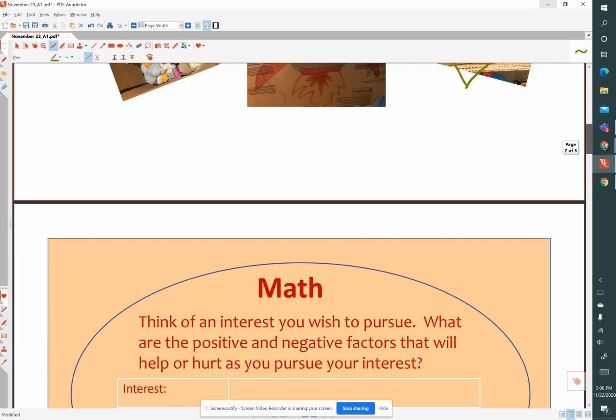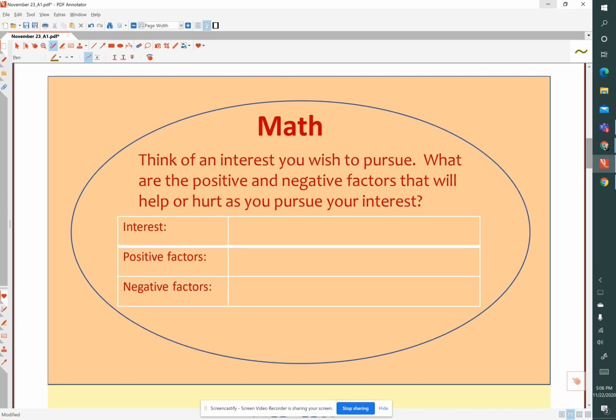So let's get started. Our Do Now says to think of an interest you wish to pursue. What are the positive and negative factors that will help or hurt you as you pursue your interest? For my example, I would love to learn music, learn how to read music, maybe play an instrument.